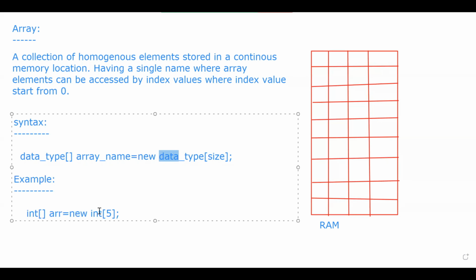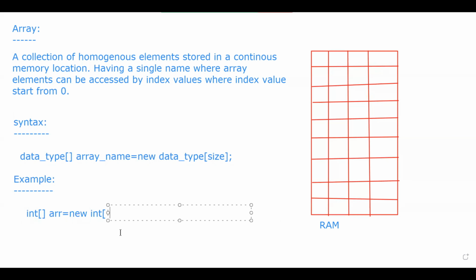The size I define as 5, which tells us that in this array I'm going to store only integer data, and I'll be able to store 5 elements. As per the definition, the collection of homogeneous elements means only integer elements will be stored.